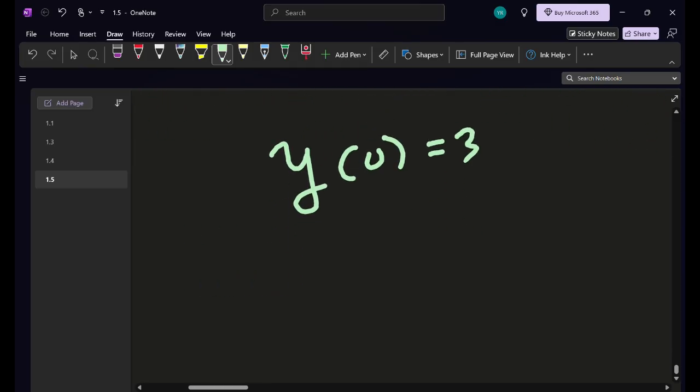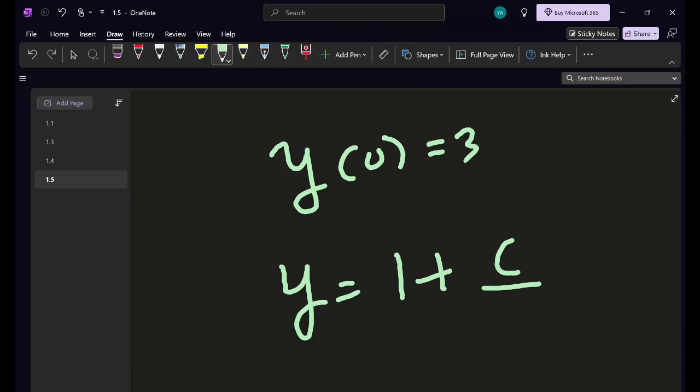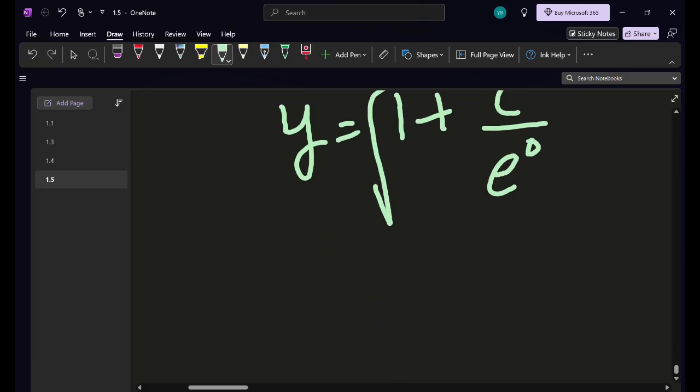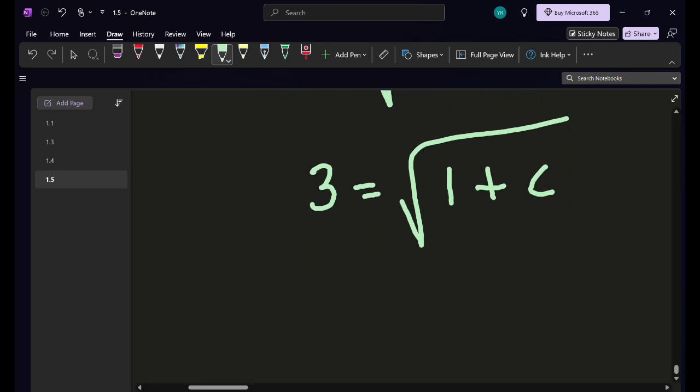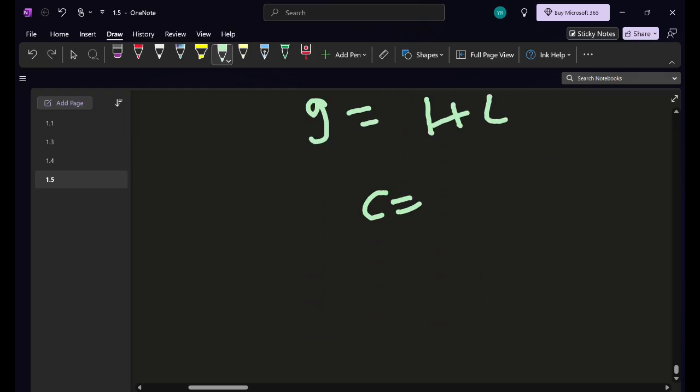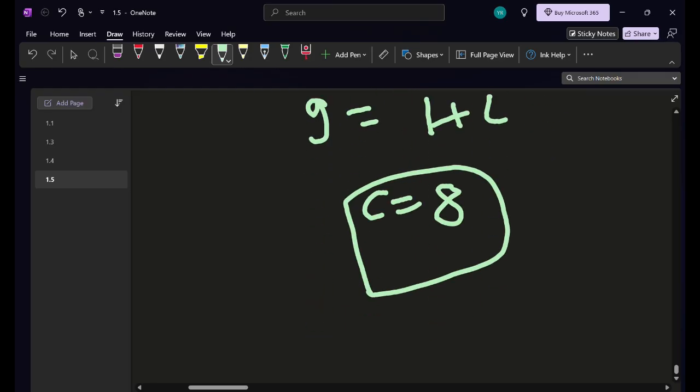So putting x equal to 0, y will be equal to the square root of 1 plus c, and the value of y was given as 3, right? So 3 is equal to the square root of 1 plus c, squaring both sides we get 9 is equal to 1 plus c, so c will be equal to 8, and this is our final answer for question number 23.